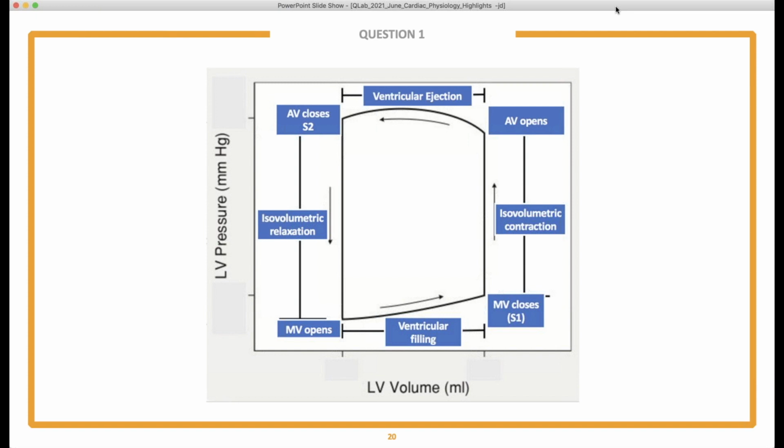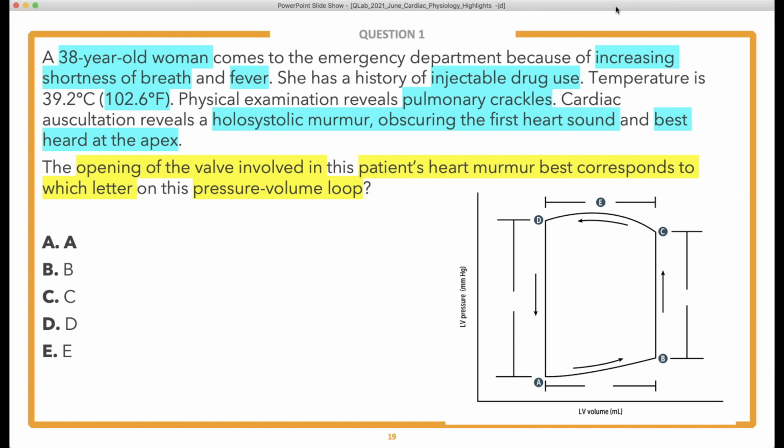So going back to our question, you can see now that the mitral valve opens at point A, the bottom left. So hopefully you guys can figure out that that is what they were getting at in this question. We talked about what the other answer choices were getting at. Point E, looking at this again, that is ventricular ejection.